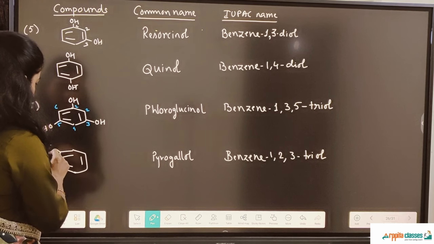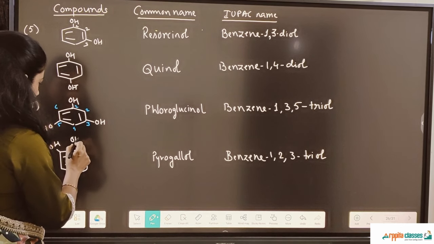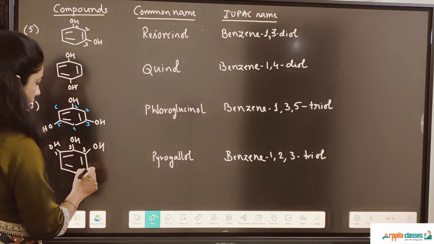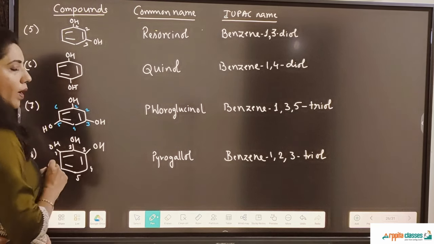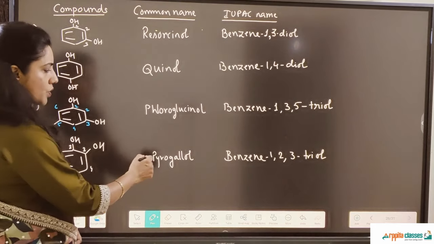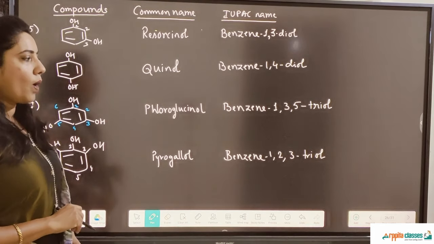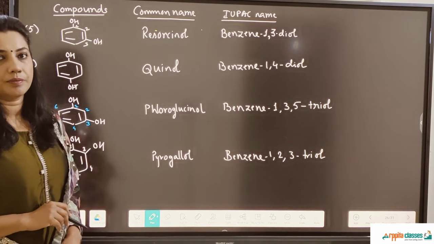Here the OH groups are one after another. So I call this 1, this 2 and this 3, then 4, 5 and 6. The OH groups are at positions 1, 2, 3. This is called pyrogallol, the common name, and the IUPAC name is benzene 1,2,3-triol.